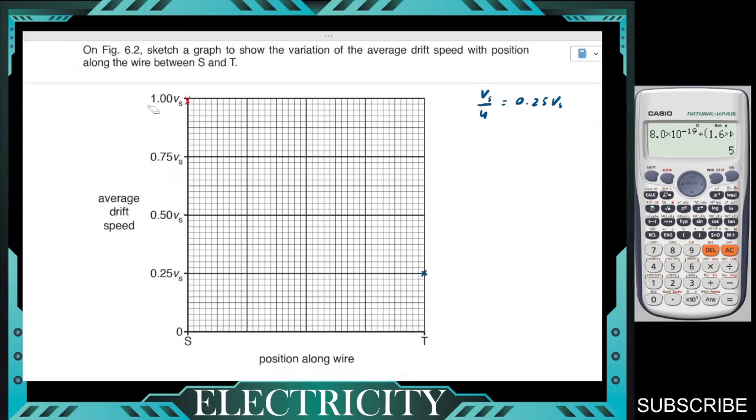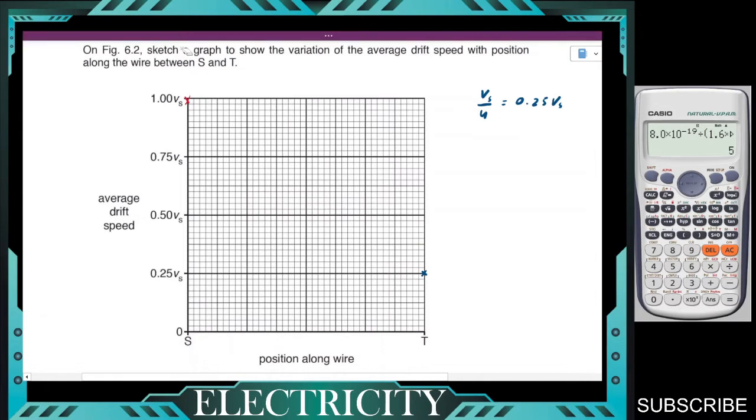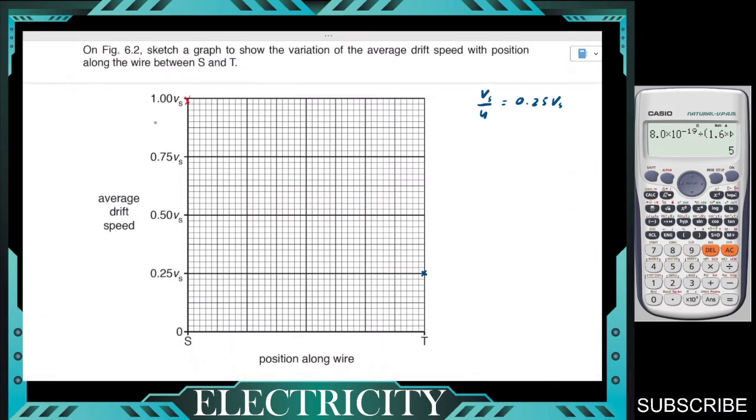Okay, so one way is to simply use the traditional approach: you count the boxes. You can probably see what the separation is. Or, if you don't want to count the boxes, there is a formula as well.